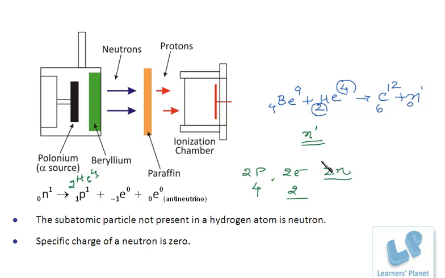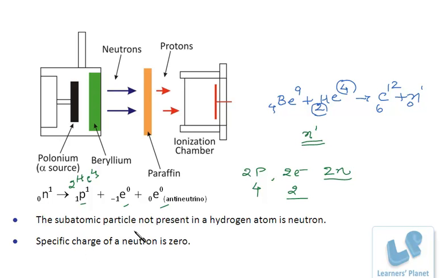The other atom produced here is carbon-12. Now, these neutrons undergo decay and produce protons, electrons and one more particle, the antineutrino. So these subatomic particles have high penetrating power and are also unstable.